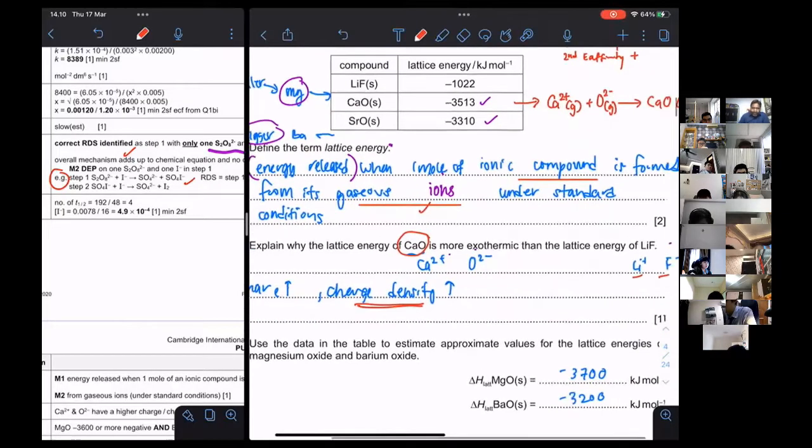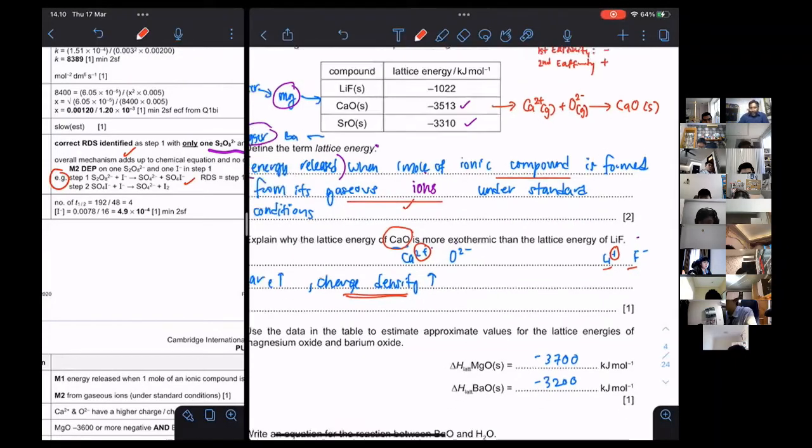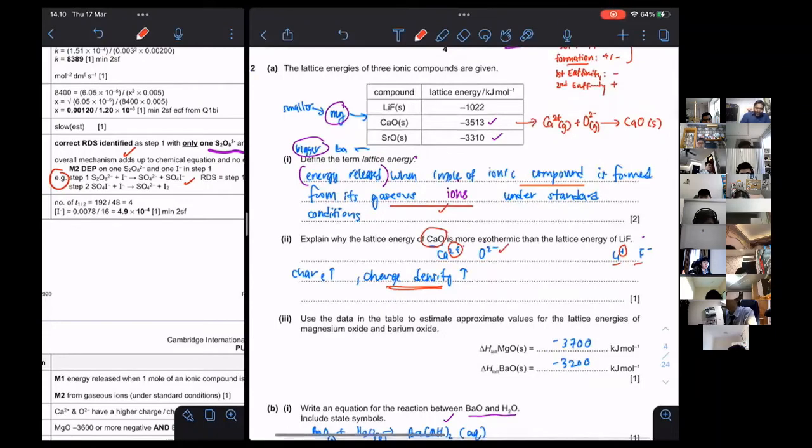The moment you see the charge is 2 over here compared to charge 1 over here, you do not need to even talk about or check the radius. Automatically, the one that has the bigger charge has the greater charge density.